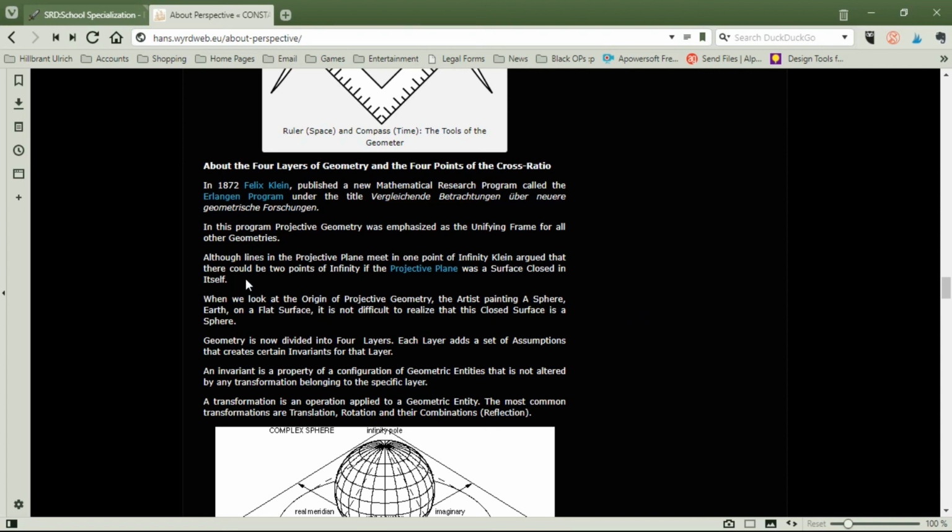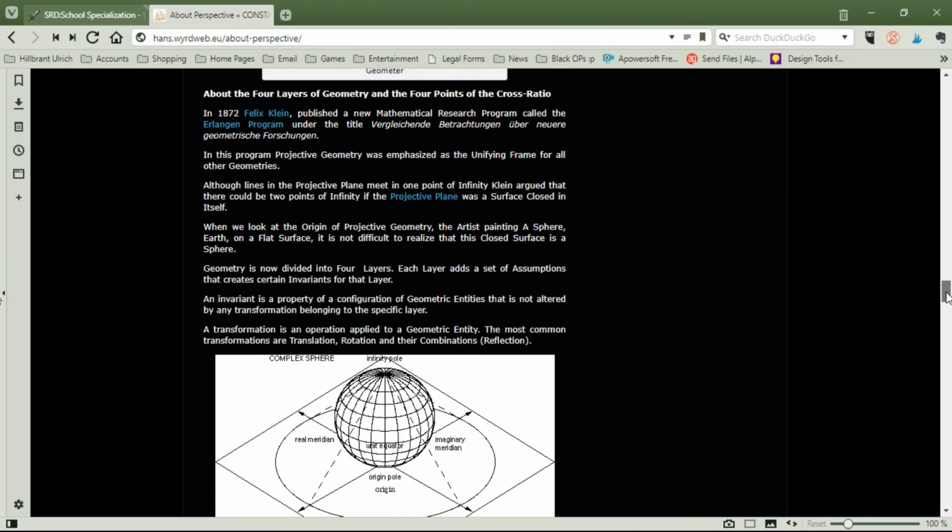Although lines in the projective plane meet in one point of infinity, Klein, who wrote this last proof, argued that there could be 2 points of infinity if the projective plane was a surface closed in on itself. So this gets into more closer to the shape of the Earth. Also, I believe this ties into that.